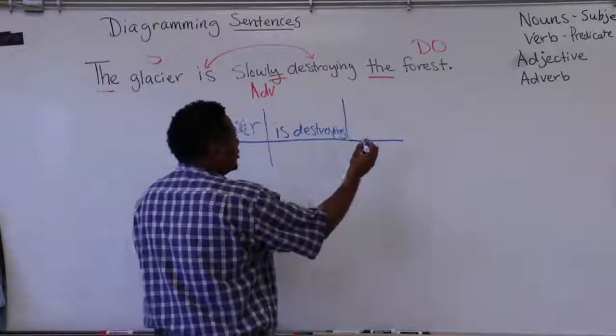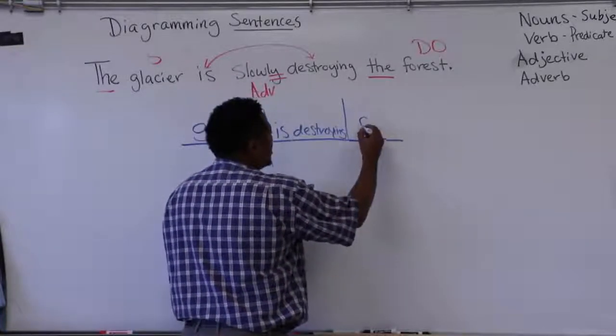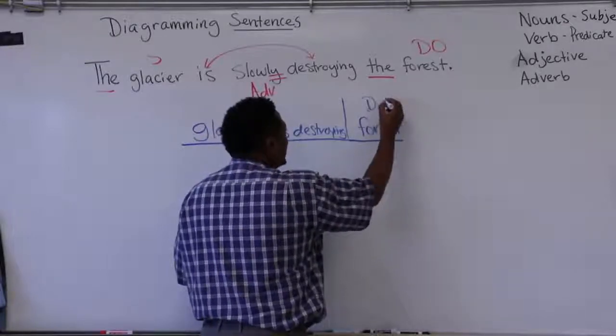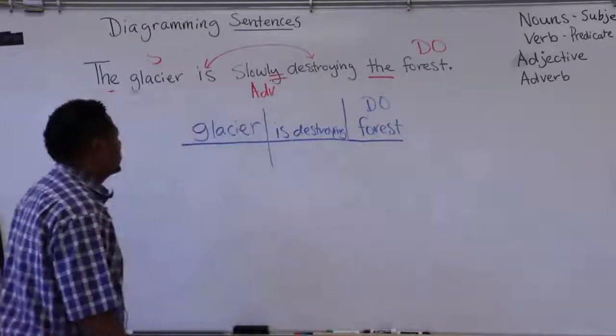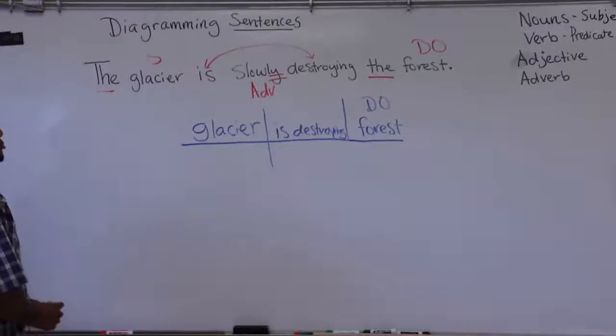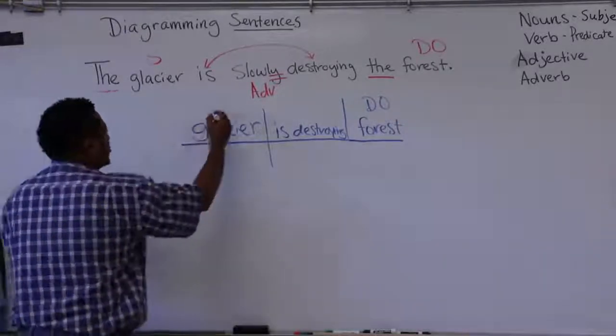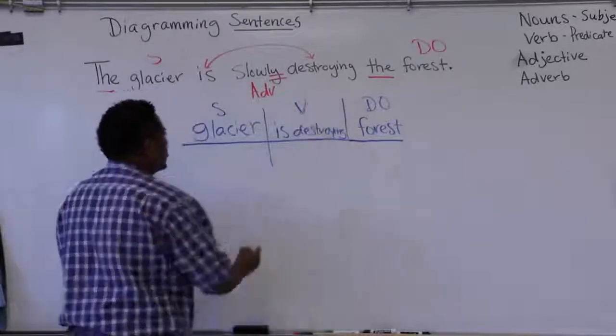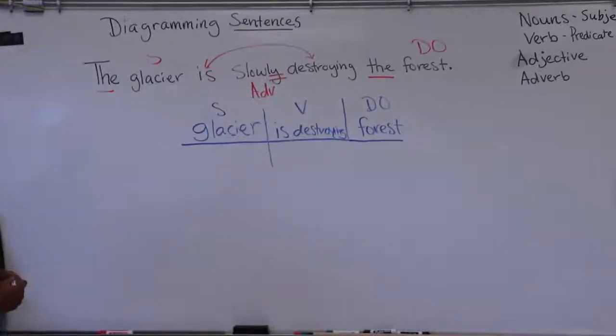And then forest is the direct object. Now we have two articles.